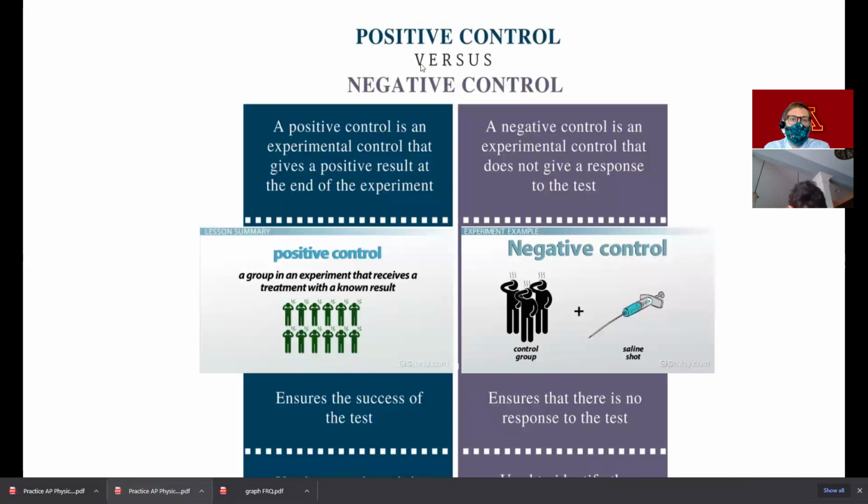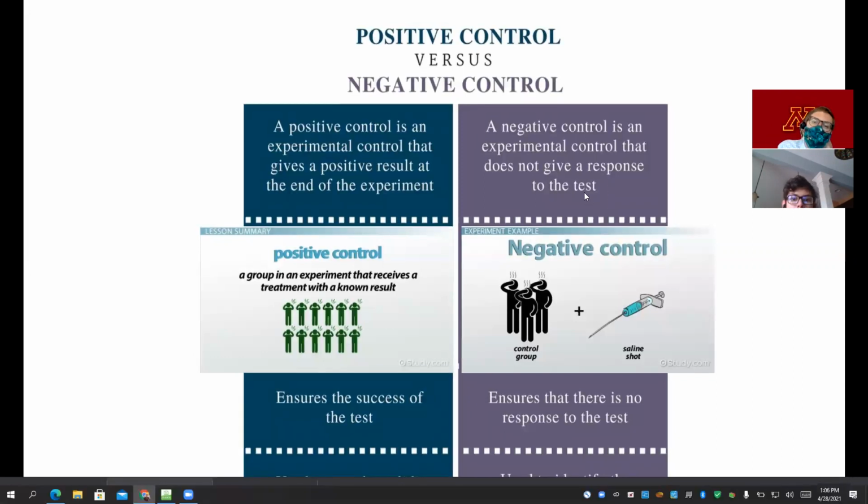First and foremost, all good experiments have a control. And what I mean by a control is usually a group that gets everything else constant except for something to either determine whether we're actually measuring the effect of the independent variable, or that the experiment works at all.